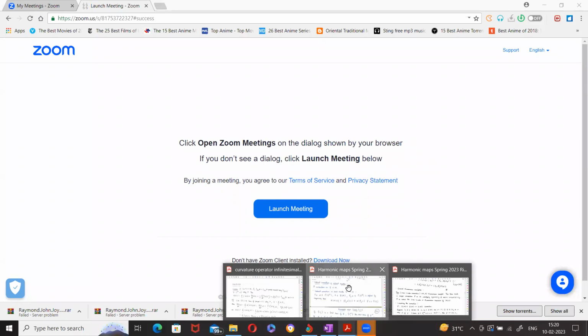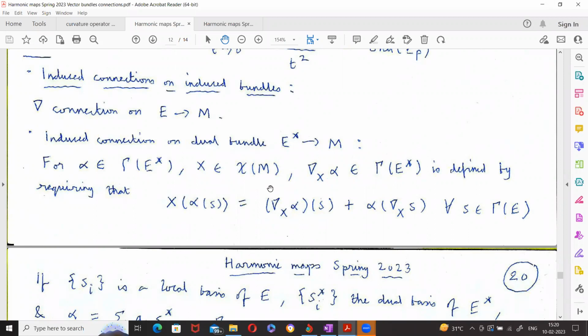Okay, so we want to define an induced connection on the dual bundle E star so that it satisfies this Leibniz rule, right? A vector field X applied to a section of the dual bundle alpha applied to a section of the bundle E. This should be, you first differentiate alpha with respect to S. So this is supposed to be the induced connection, which we want to define, nabla X alpha.